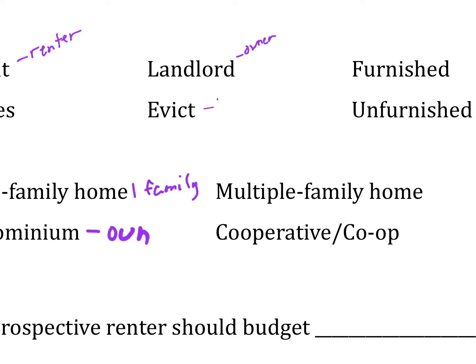Especially in a condo unit, condominiums tend to have very strict rules and guidelines, an HOA, a homeowners association. If a renter is making a lot of noise or damaging the property, they can be evicted also.